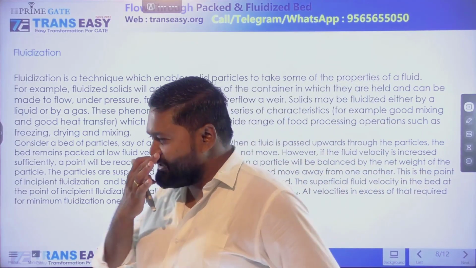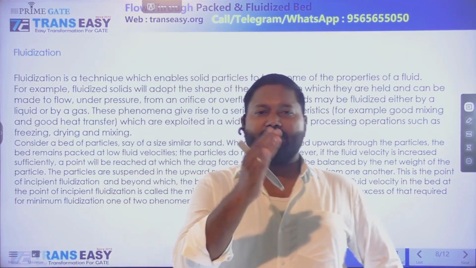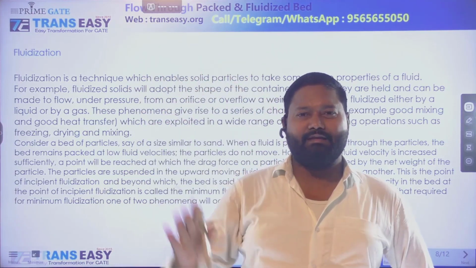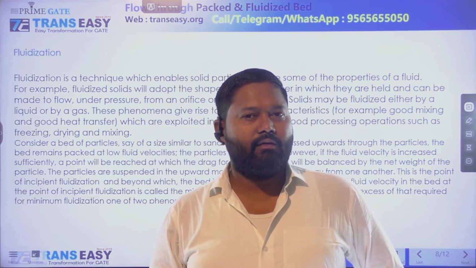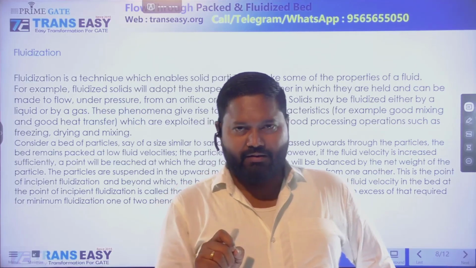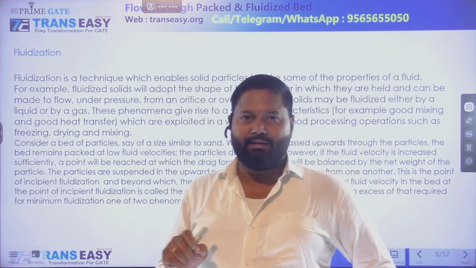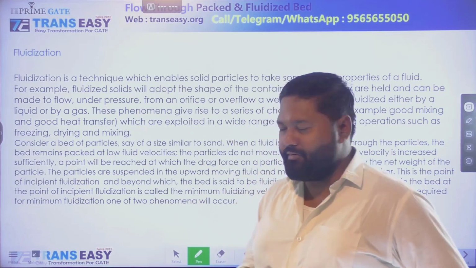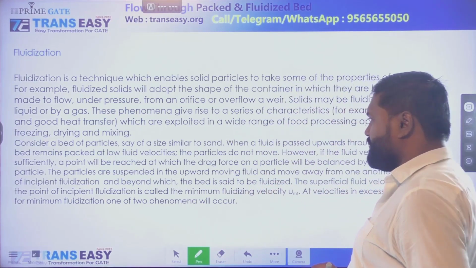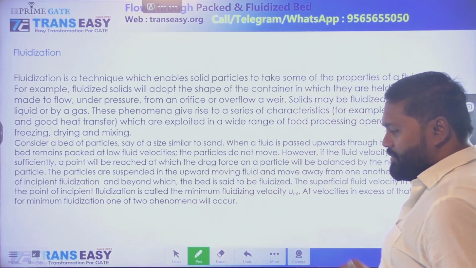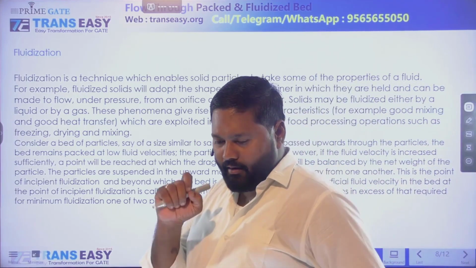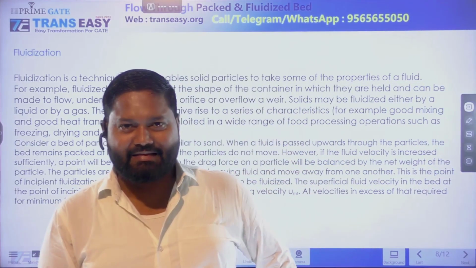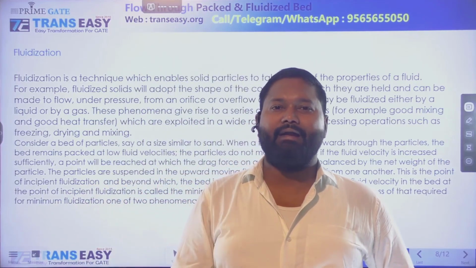Fluid velocity is low, so fluid is simply passing through interconnecting voids in upward direction through the packed bed. It is not displacing the position of the particles in the packed bed at low velocity. The particles don't move because drag provided by flowing fluid through the packed bed is very less, so it is not going to lift the particles.